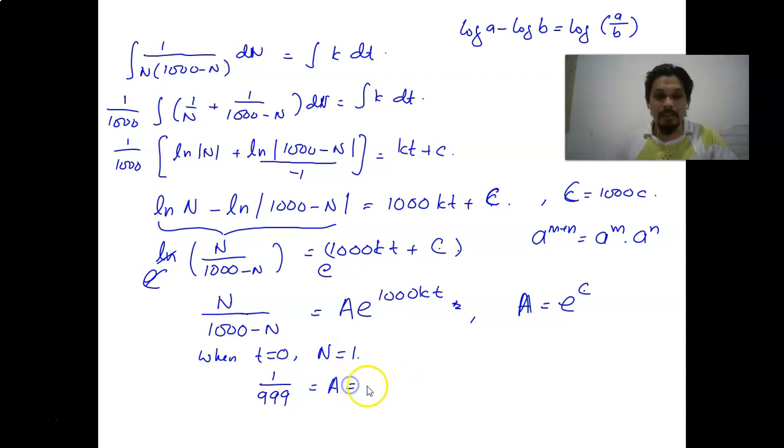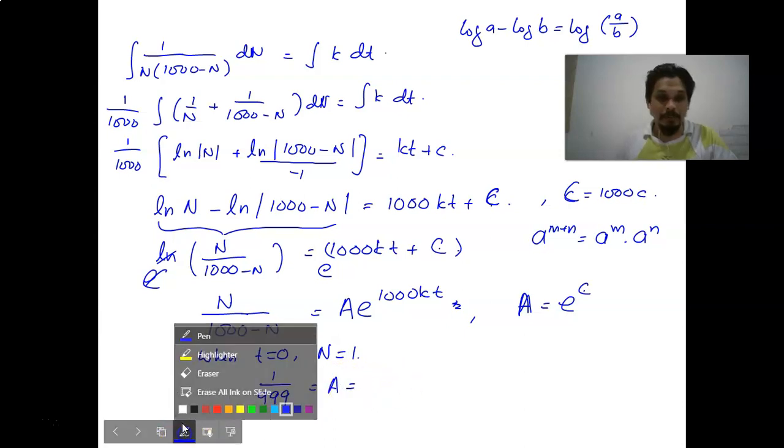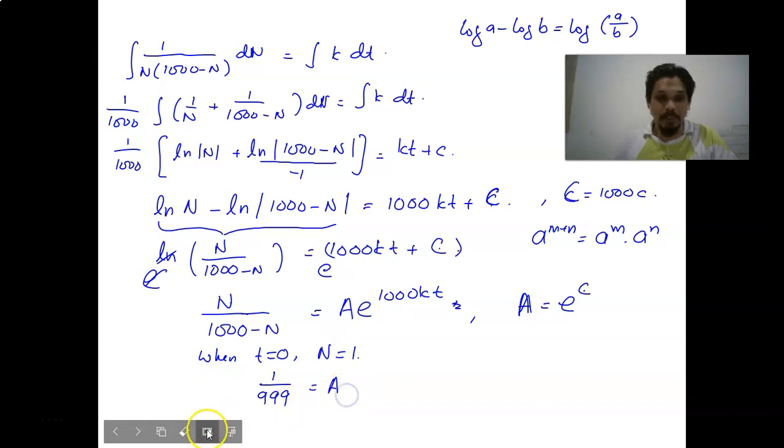Then A e power of 1000 k, where t equal to 0, 1000 k times 0 is 0, and e to the power of 0 equal to 1, 1 multiplied with A, meaning here, A equal to 1 over 999.